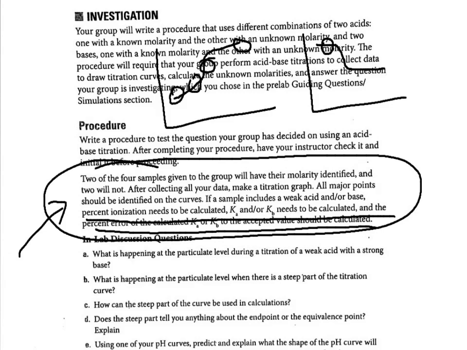So let's say we're doing a weak acid titration here. The pH on that weak acid titration is telling you the concentration of the H plus or the H3O plus in the solution. So at the equivalence point, that's how much H plus or H3O plus you have in the solution. Okay.